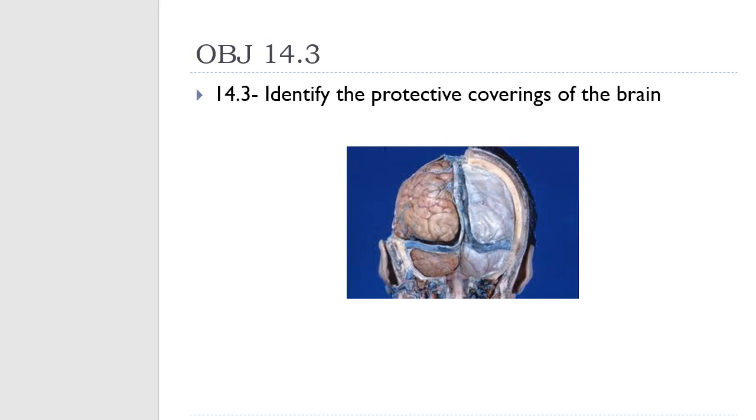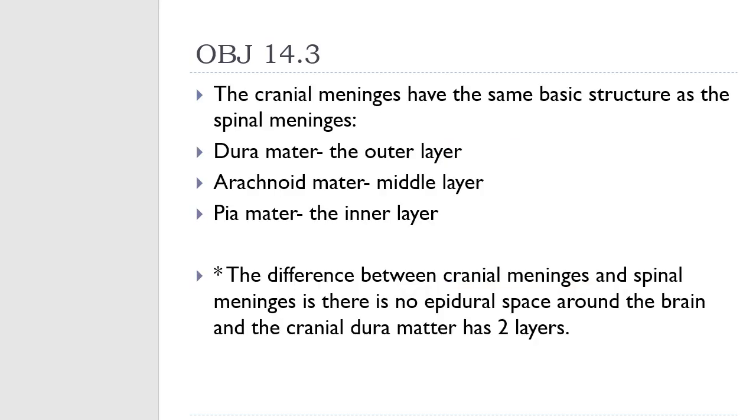Now, the one difference between the cranial meninges and the spinal meninges is that the cranial dura has 2 layers. So we have the dura mater, which is the outer layer, the arachnoid mater, which is the middle layer, and then the pia mater, which is the inner layer.